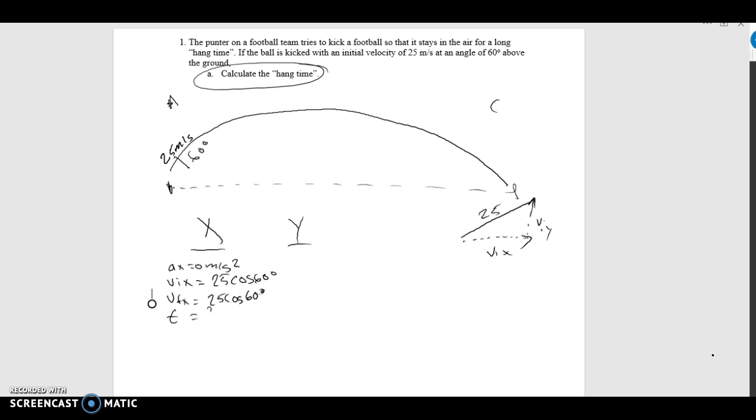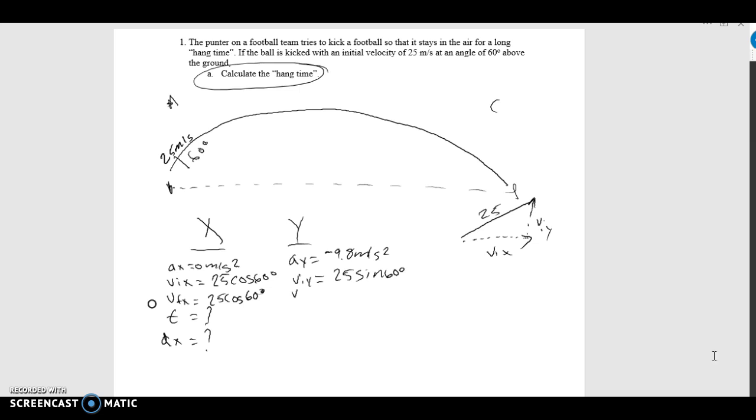Now we don't know time, that's actually what we're looking for, and we also don't know the distance in the X direction. Now talking about the Y, we know that the acceleration in the Y is negative 9.8, which is true for all projectiles. The initial velocity in the Y direction is 25 sine of 60 degrees.